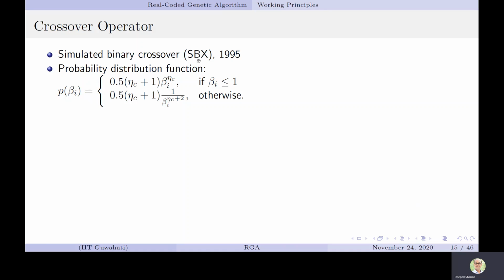I'm discussing this crossover operator because it is still one of the famous crossover operators for solving real parameter problems. Here we use a probability distribution P(beta_i), and you can see the function depends on the beta_i value.